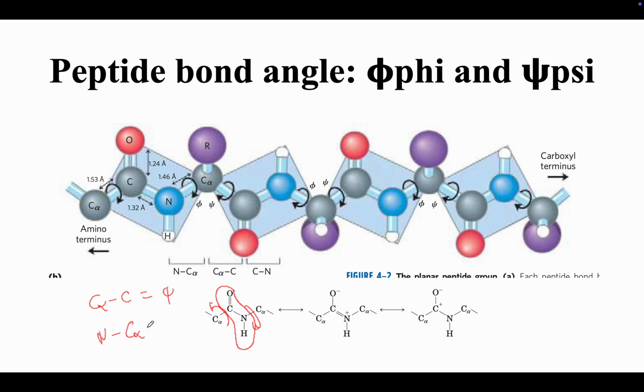Similarly, in the Edman method, we use phenyl isothiocyanate, also known as PITC. This PITC is also a reagent.